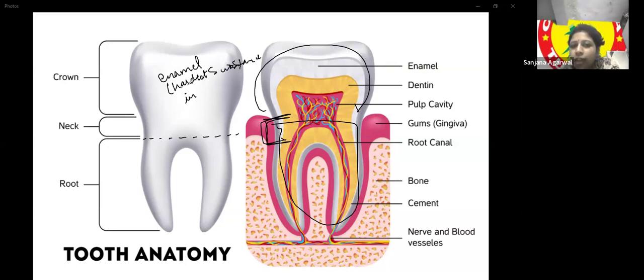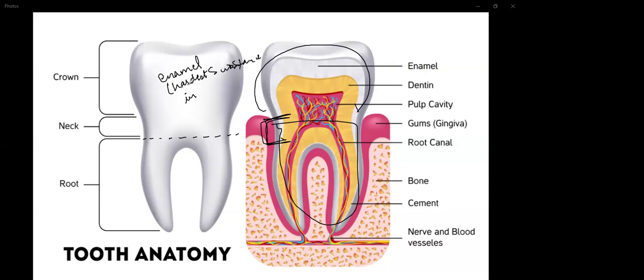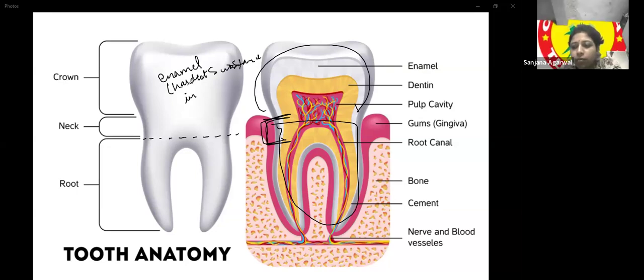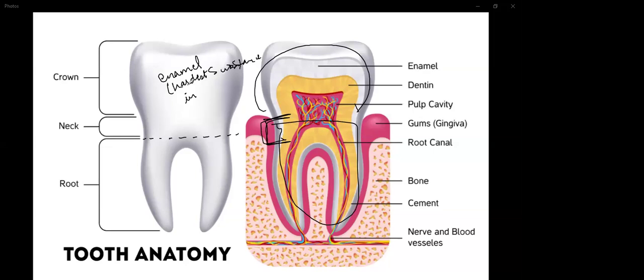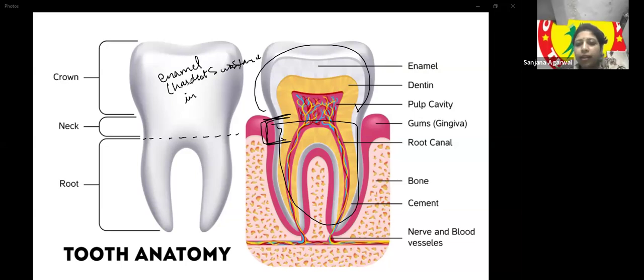So this is natural, and the complete tooth is removed if they go by their own. Unless there is an injury; if it got hit by a certain thing, the crown will break. But by the natural process, the complete tooth comes out.